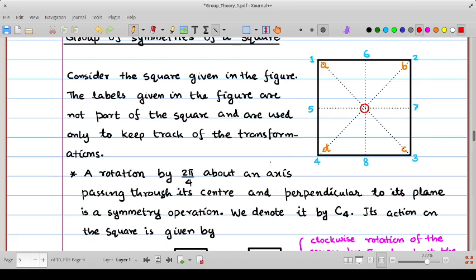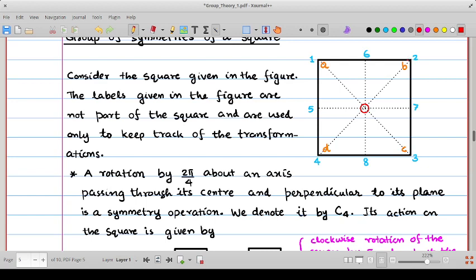So we now see that a rotation about the C4 axis by pi by 2 is a symmetry transformation. The square remains unchanged under this transformation.